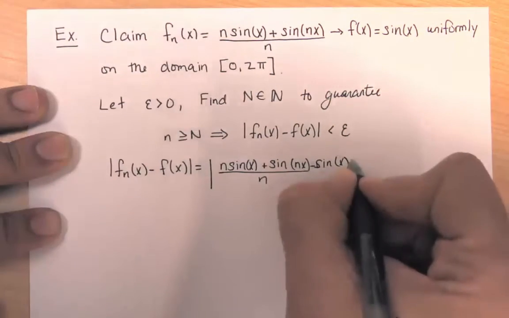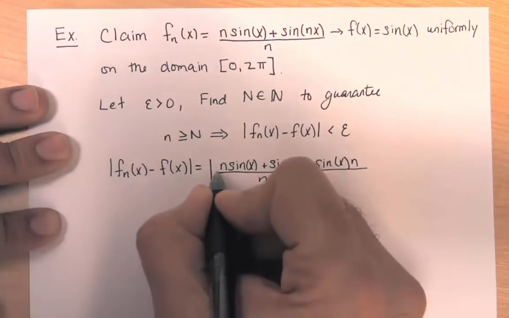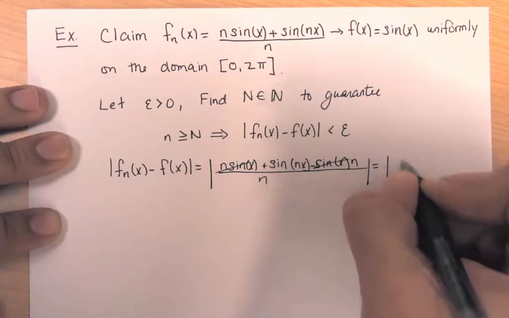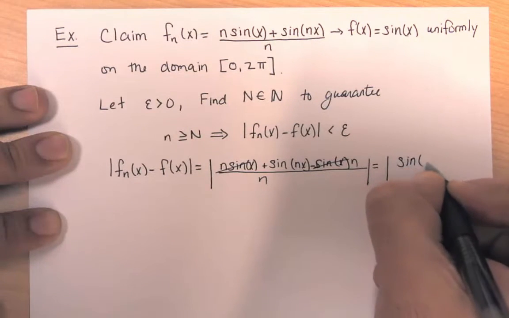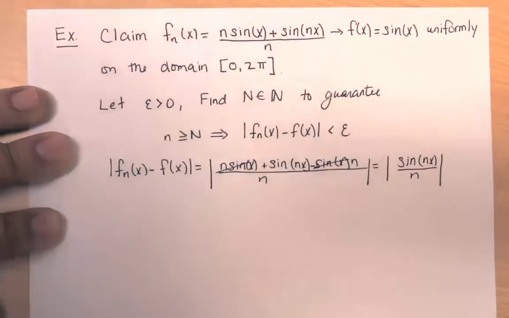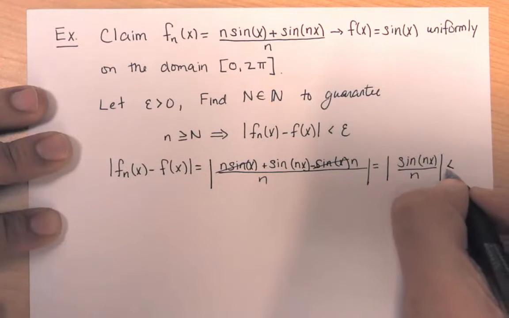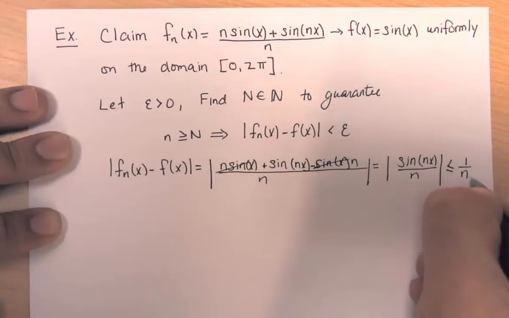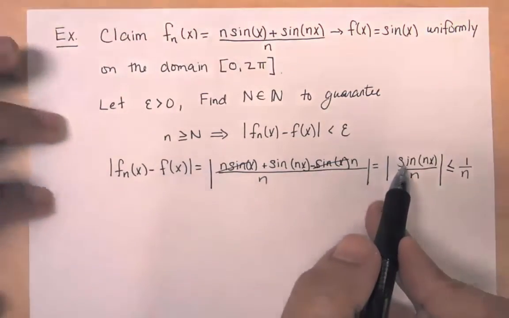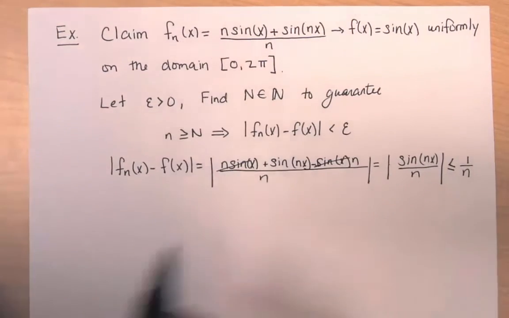To have a common denominator, let's multiply the sine of x by n. N sine x minus n sine x, they cancel. And I get sine of n times x over n, which, by the way, is less than or equal to 1 over n, because sine is bounded by 1 above and negative 1 below, so the absolute value is bounded above by 1.